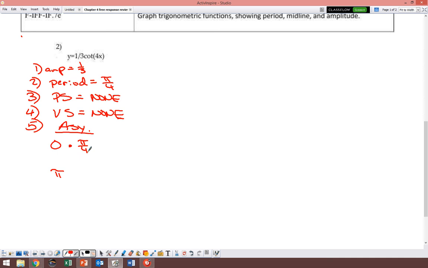But I thought to get the asymptote it was 1 over b, not the period. Do you want to double check on the notes? I could actually go back and show you.